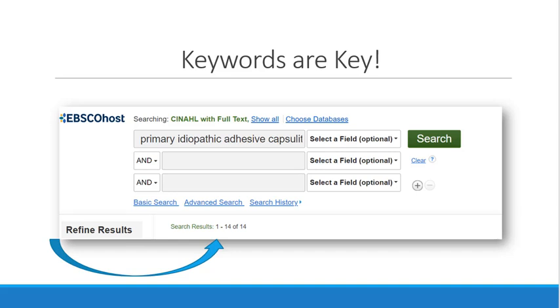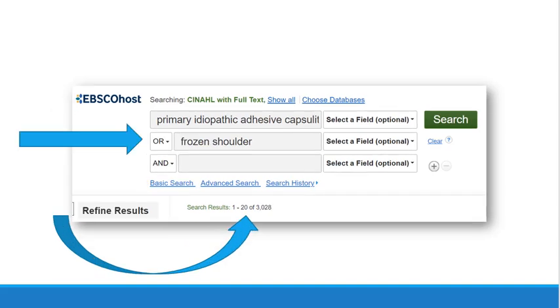So now if I typed in primary idiopathic adhesive capsulitis, I got 14 results. Well, that seems really small, and that's why I say keywords are key. If I go with primary idiopathic adhesive capsulitis or frozen shoulder, it explodes up to over 3,000.